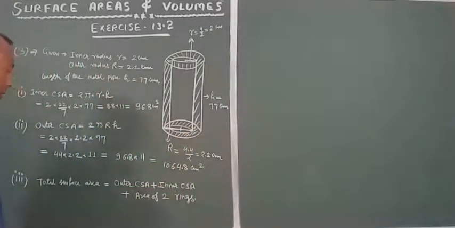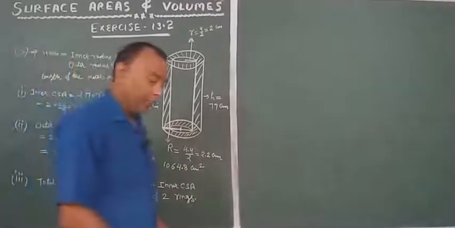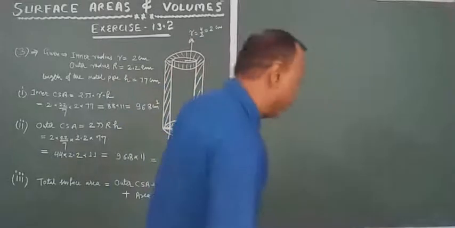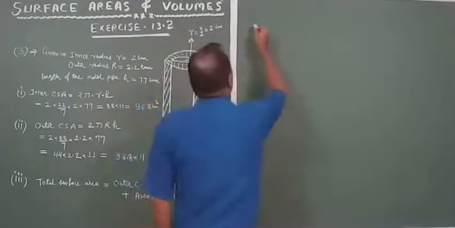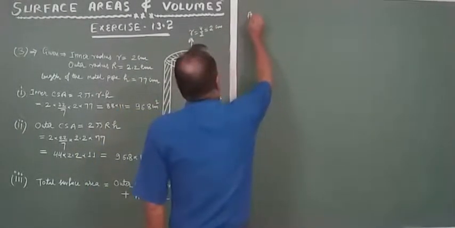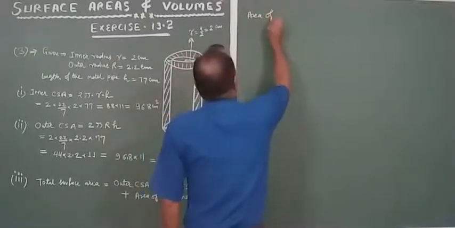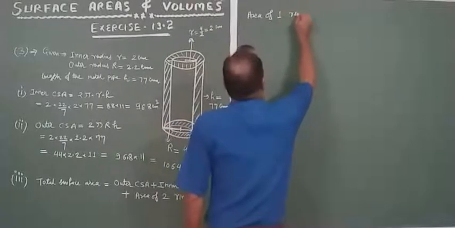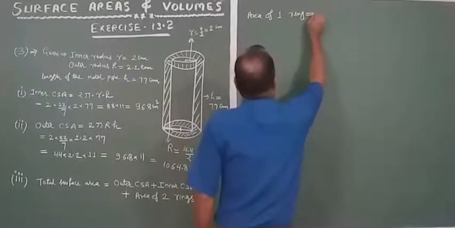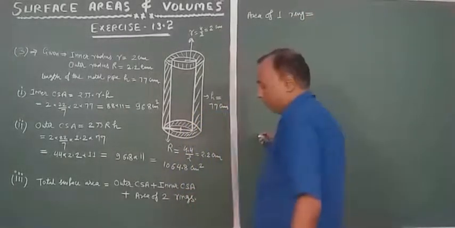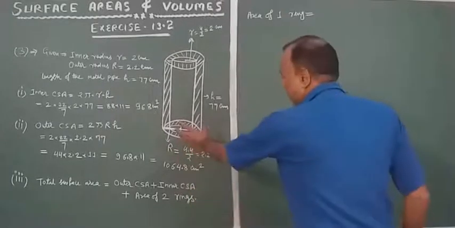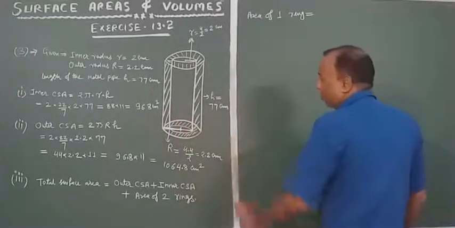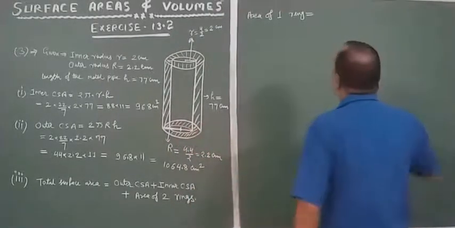So now first we will find the area of a ring. Now the area of one ring. If we look at its front view, how will it look? Like this.